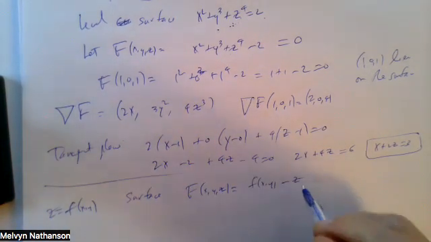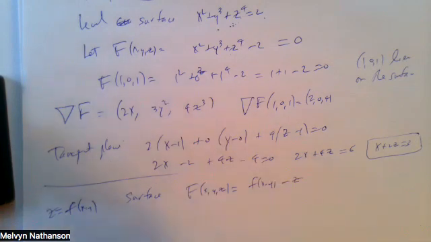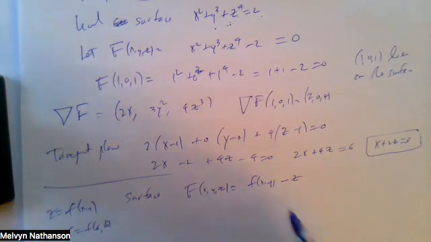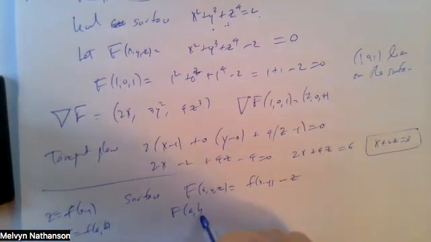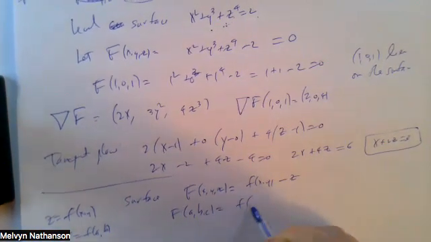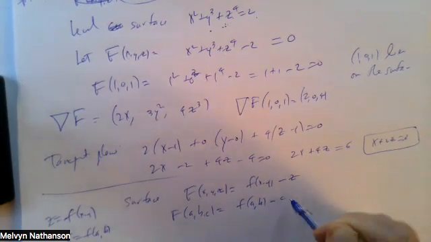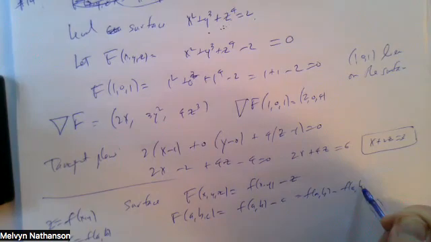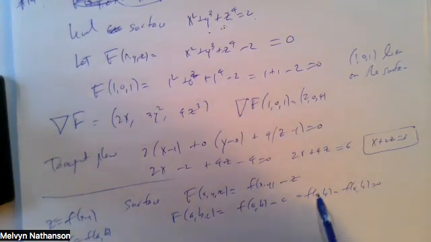Suppose we let c be equal to f of a, b, then F of a, b, c is f of a, b minus c. That's f of a, b minus f of a, b, which is equal to 0.